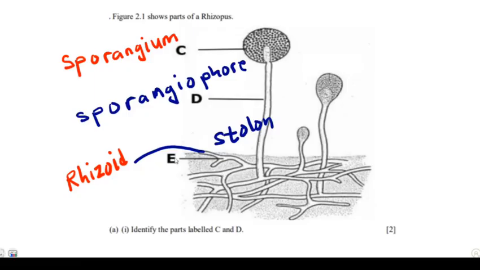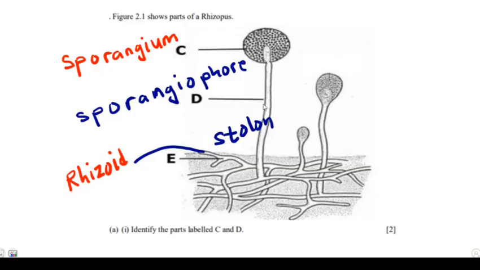These rhizoids are able to absorb water and nutrients from the bread, hence they are able to produce digestive enzymes. Then from these rhizoids we have the sporangiophore, this one right here.